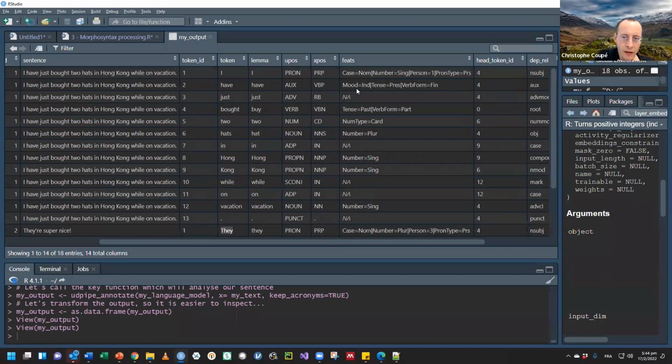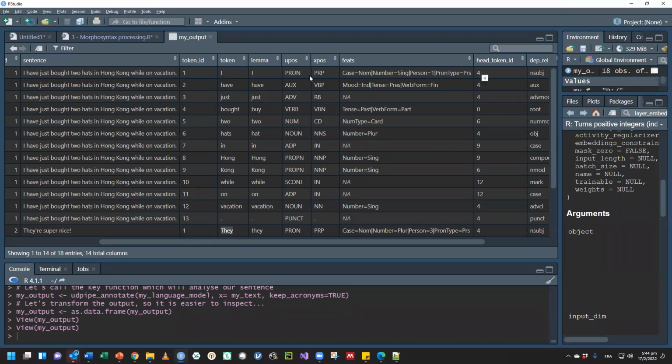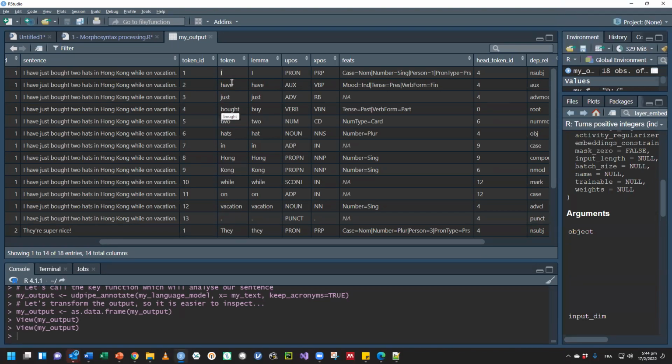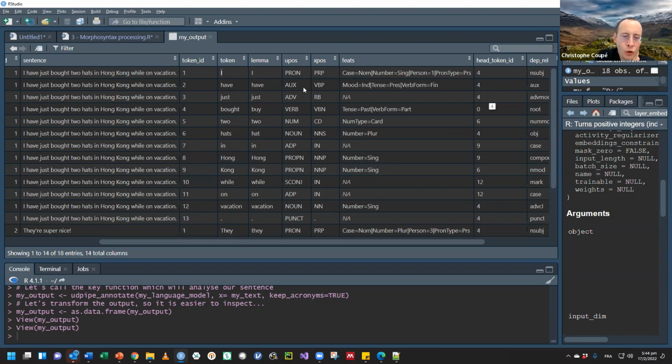And then it also helps you to relate the elements with each other, the dependencies. So you see, when you check "I", the head is the verb. So it relates the subject to the verb. And "have" and "just" are also related to the verb, and the verb is related to nothing because it's the head of the sentence.